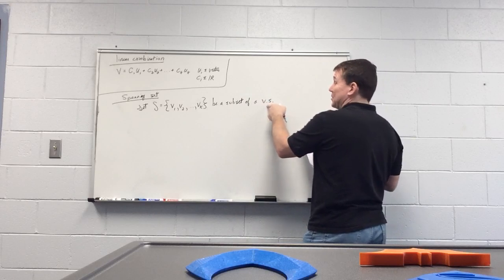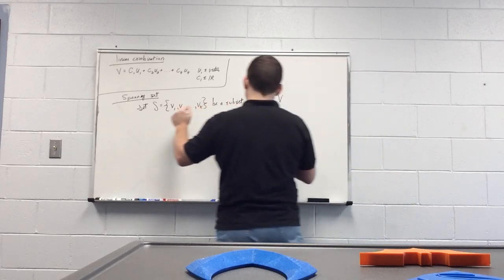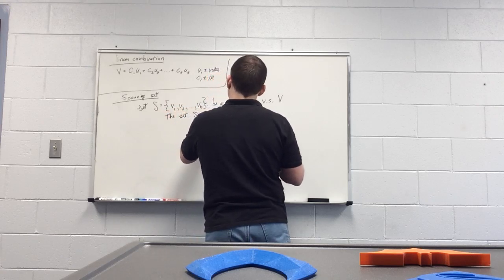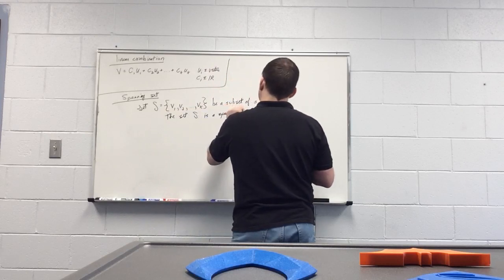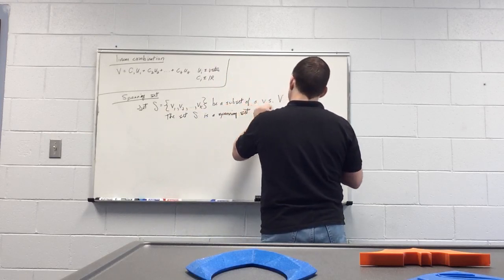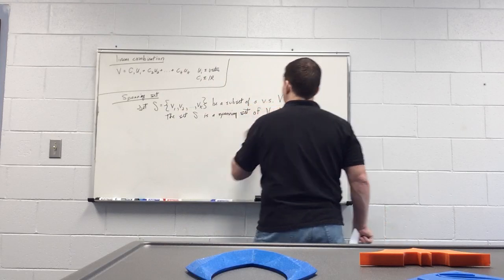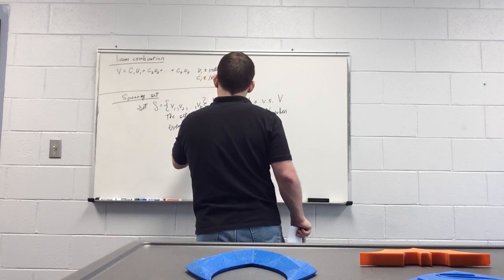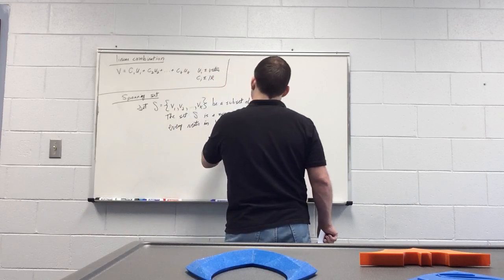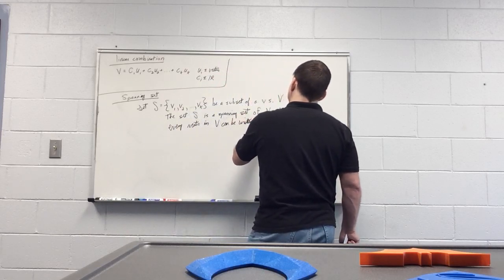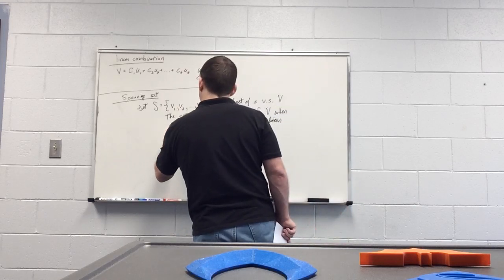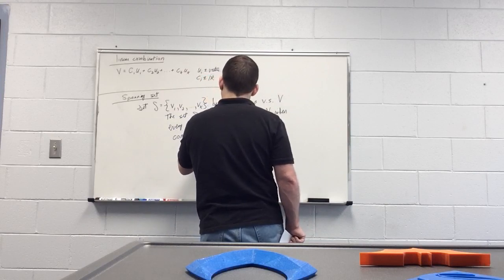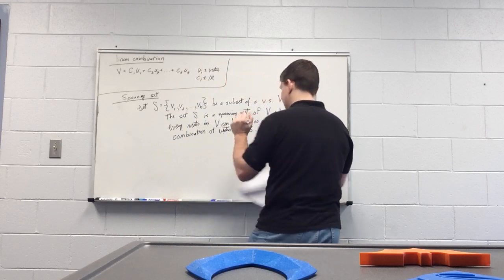Like I said before, I'm just going to use VS for vector space, V. The set S is a spanning set of V when every vector in V can be written as a linear combination of vectors in S.